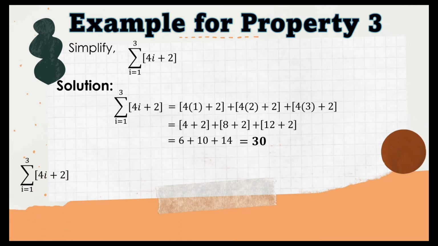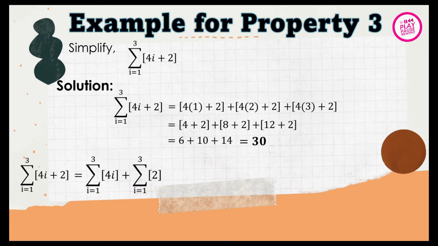Using property 3, the summation of 4i plus 2 from i equals 1 to 3 is equal to the summation of 4i from i equals 1 to 3 plus the summation of 2 from i equals 1 to 3. To evaluate the summation, we can use properties 2 and 1.